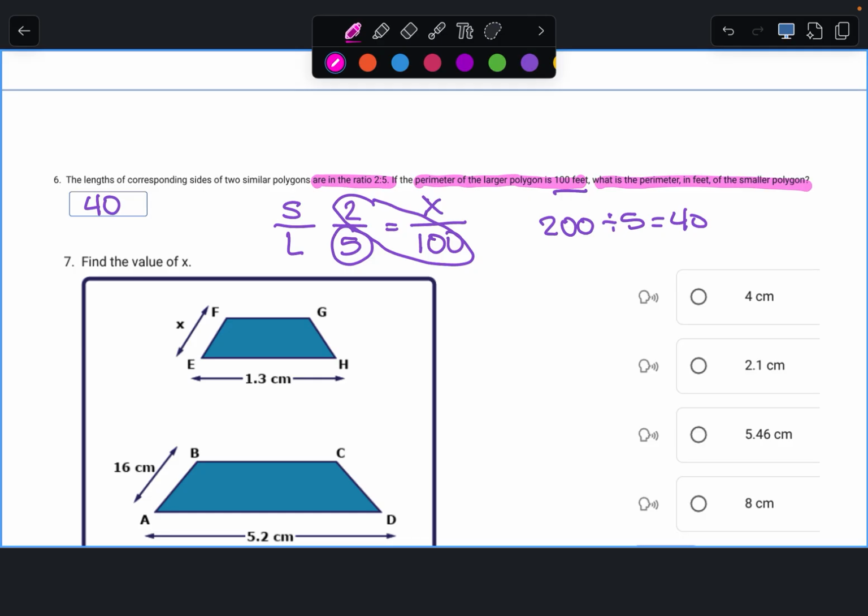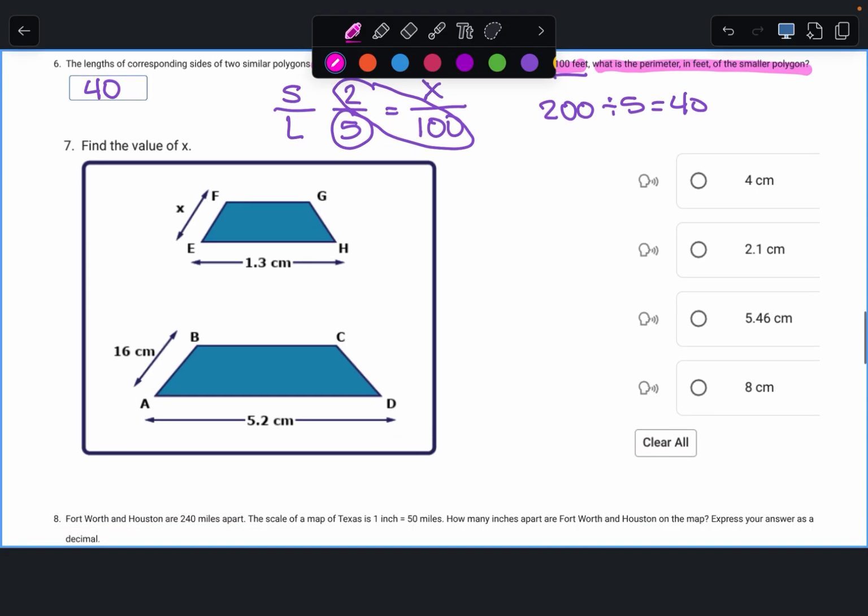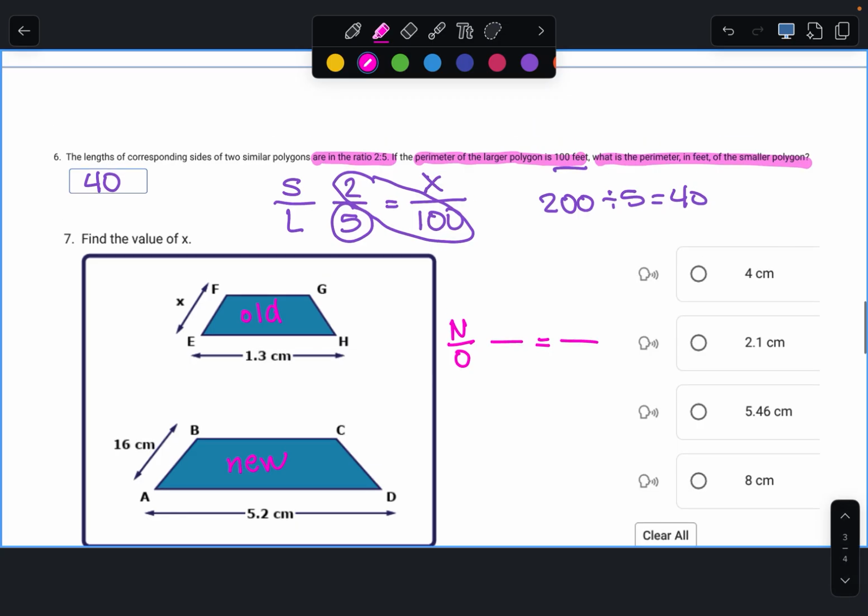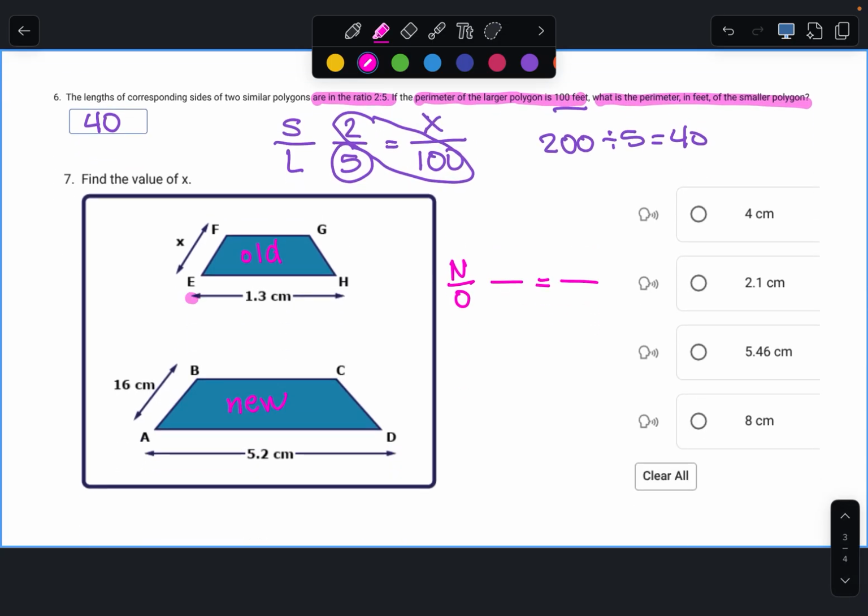All right, on number 7, find the value of x. So I'm going to use this one as my new, this one as my old. So I have new over old. I'm going to set up a proportion. So this side and this side and this side and this side.